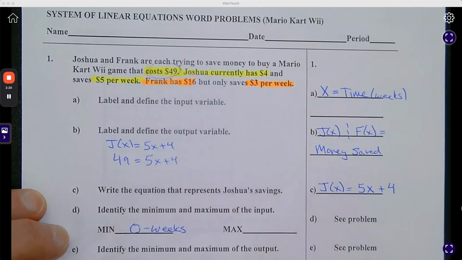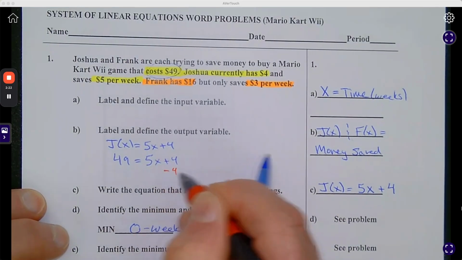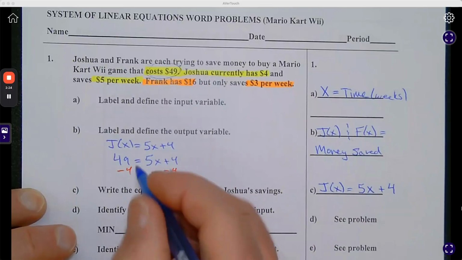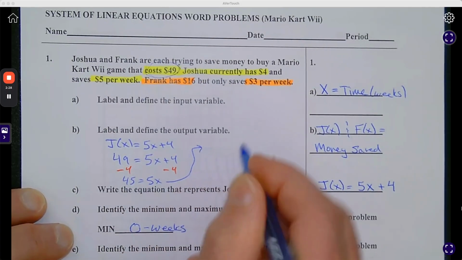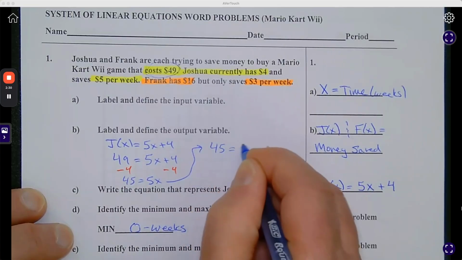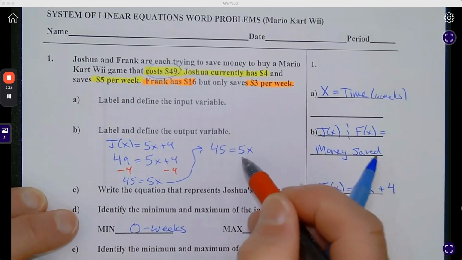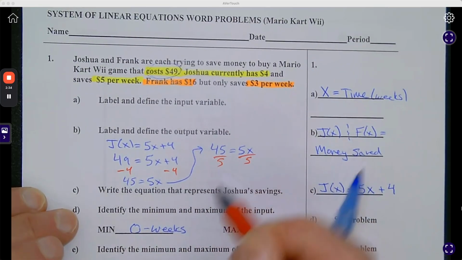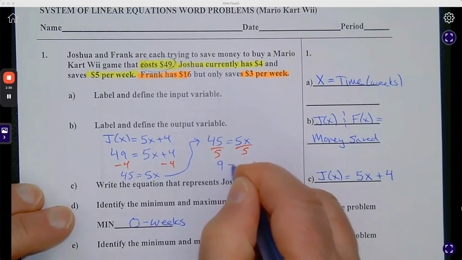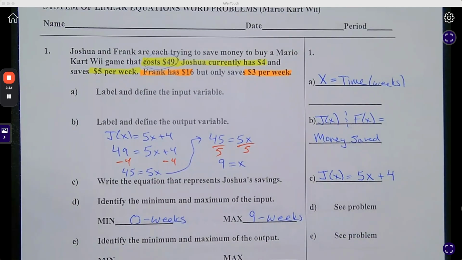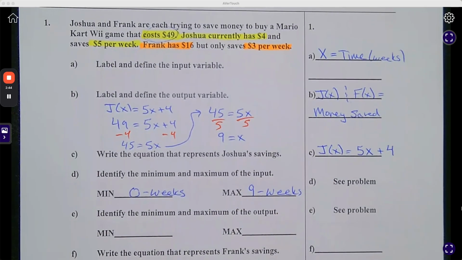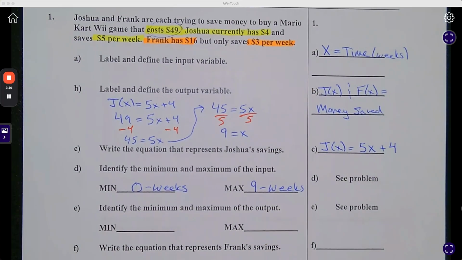Let's solve this equation for X. Subtract 4 from both sides. That gives me 45 equals 5X. Divide by that 5, and 9 equals X. So it looks like 9 weeks is how long it's going to take Joshua to earn the money he needs to buy the Mario Kart Wii.